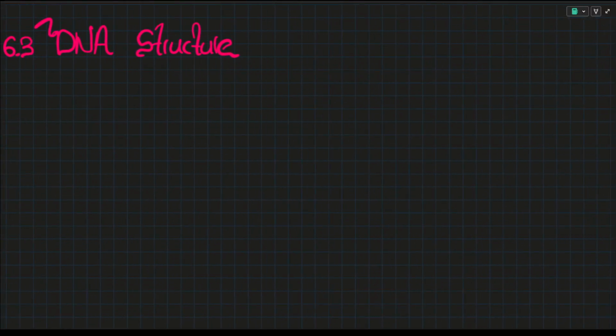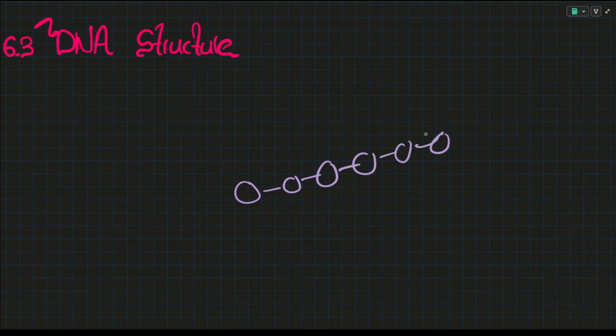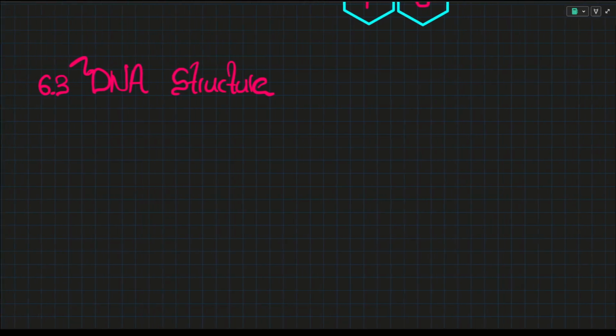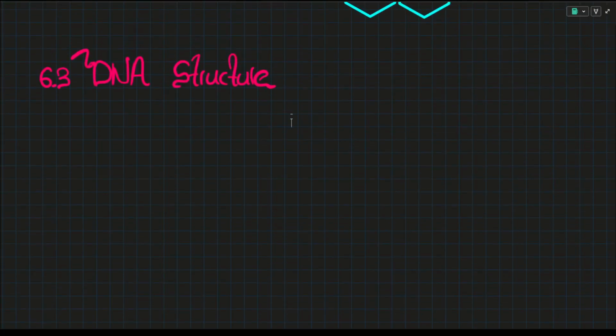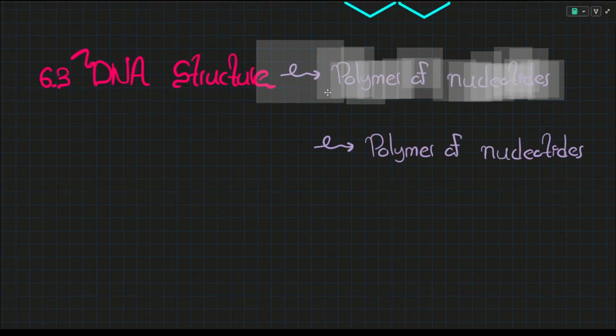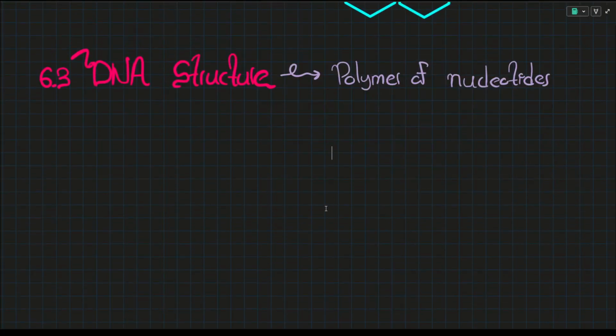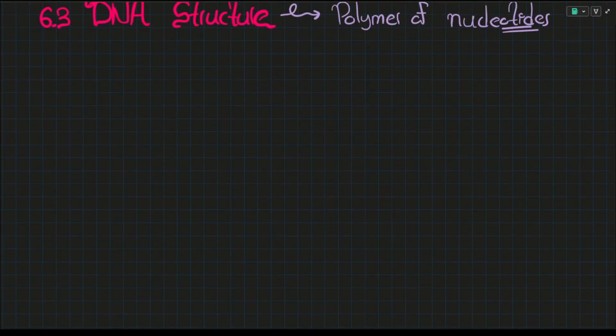For example, to form a known polymer, we should have the same monomer repeatedly combining all over again. So what is that monomer for DNA? If you recall again, we clearly talked about how the monomer of DNA was the nucleotide. So DNA is a clear polymer of nucleotides.